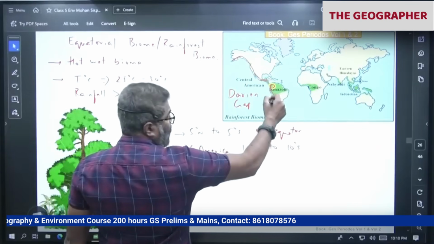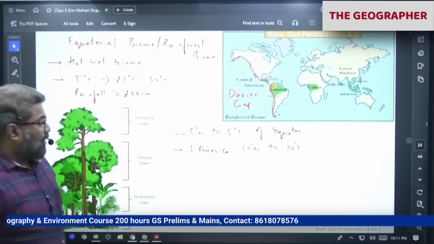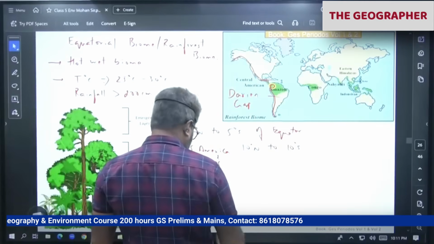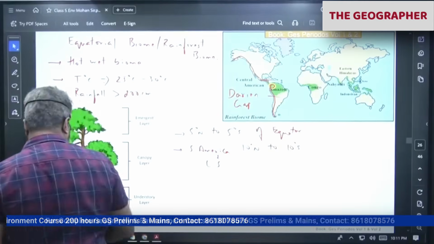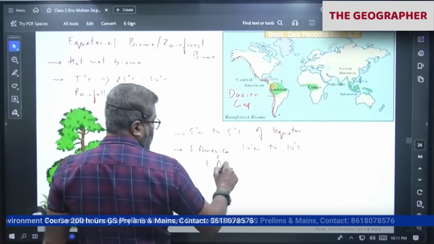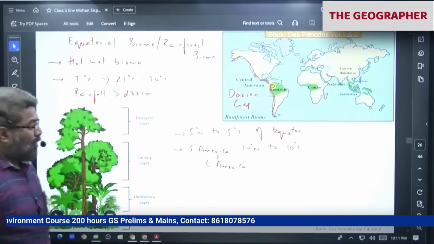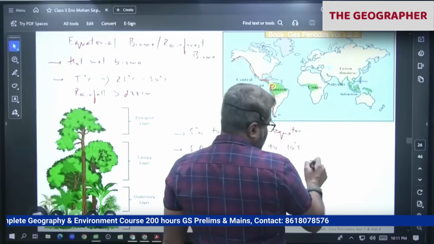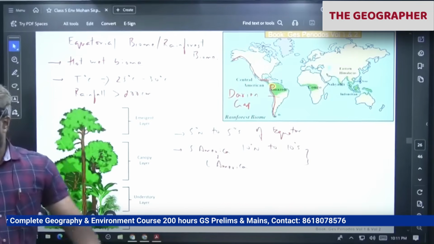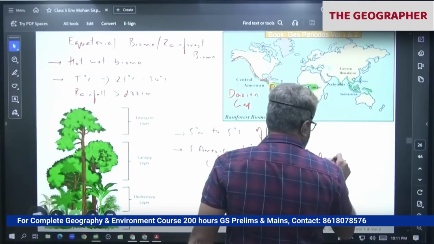We have more forest in the Amazon region, in South America, Central America. We have more extension of this forest there. In other places, 5 degree. In South America we have more, from 10 to 10. Amazon.